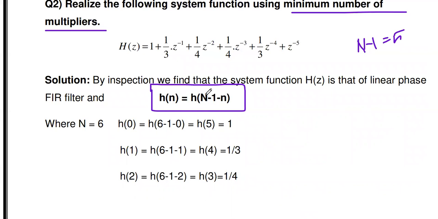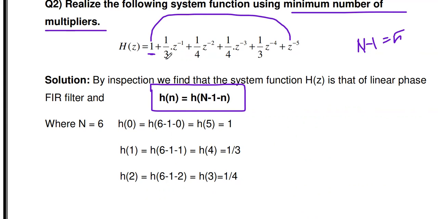Okay, so you just substitute the N value. So h of 0 and h of 5 should be equal. You see which one is h of 0? This first constant is h of 0. What is h of 5? The coefficient of z power minus 5 is h of 5. So the first coefficient and last coefficient should be the same. Yes, both coefficients are 1.